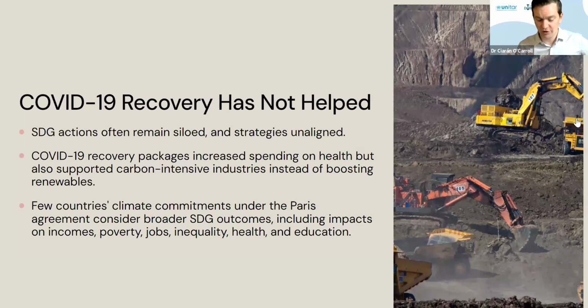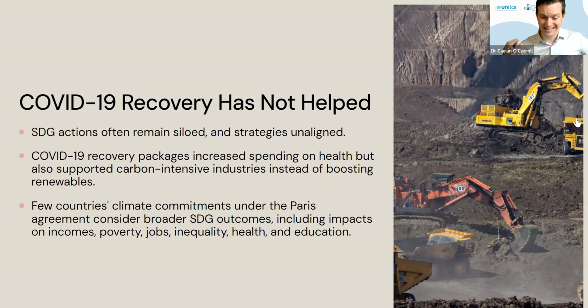The recovery could have been based on developing the UN SDGs and transforming our societies to be more sustainable, but instead governments printed a lot of money and put it into oil, gas, and highly polluting industries.